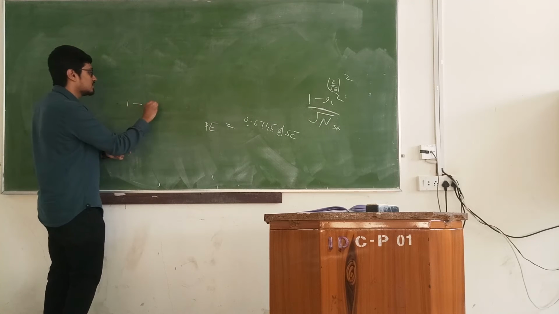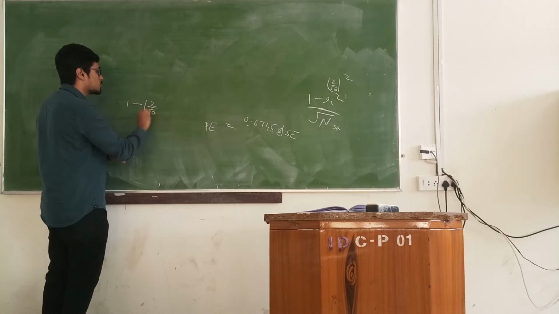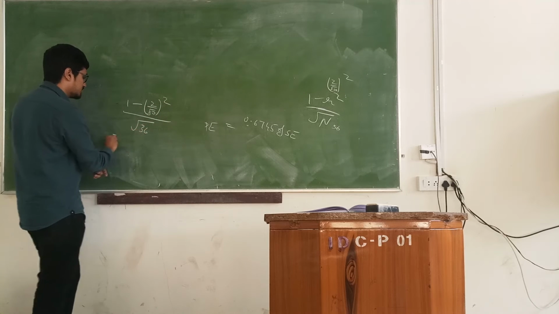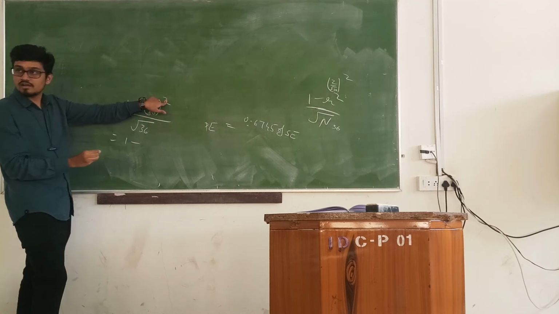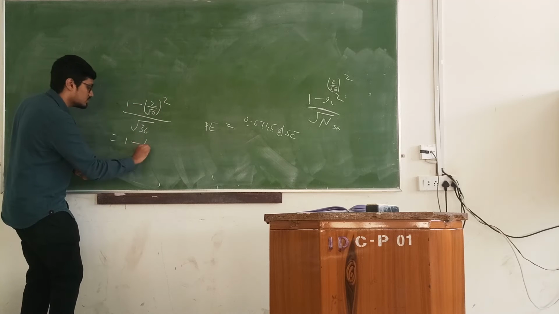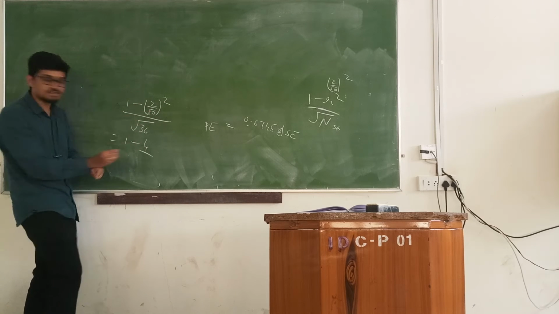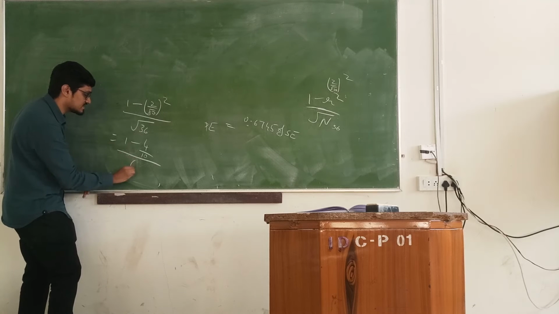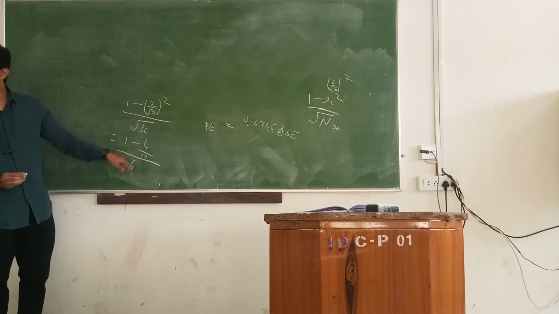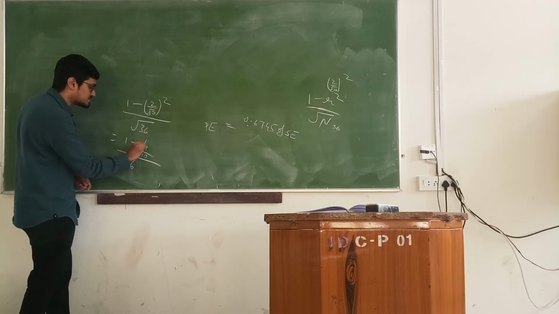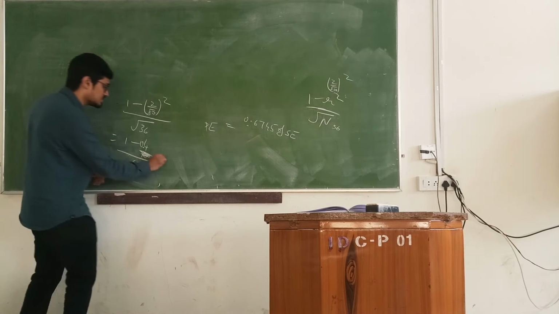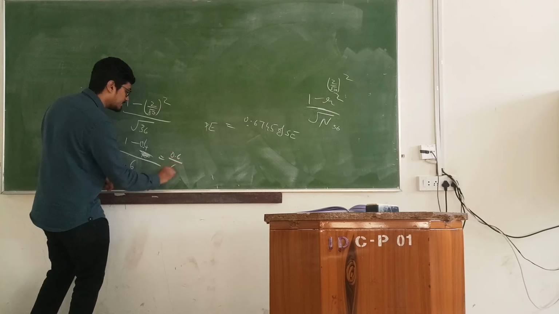What is r? 2 by root 10, squared, divided by root 36. 2 twos are 4, divided by root 10 into root 10, which is 10, divided by root 36, which is 6. So 1 minus 4 by 10 is 0.4. 1 minus 0.4 is 0.6, divided by 6.